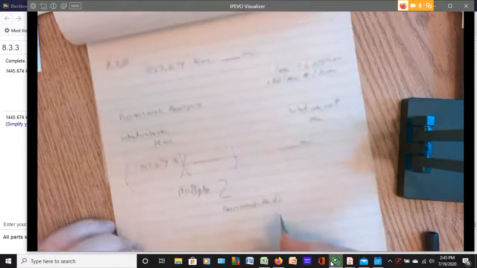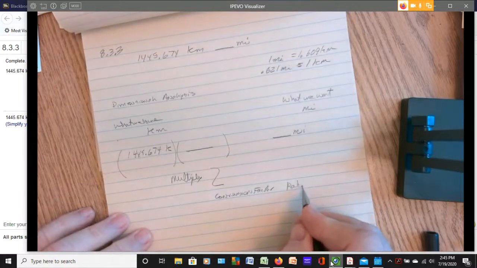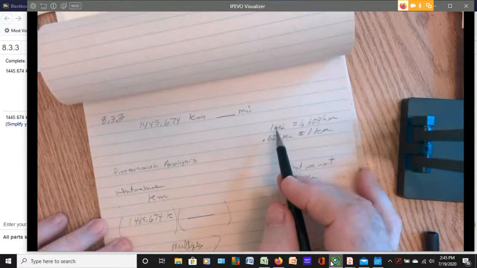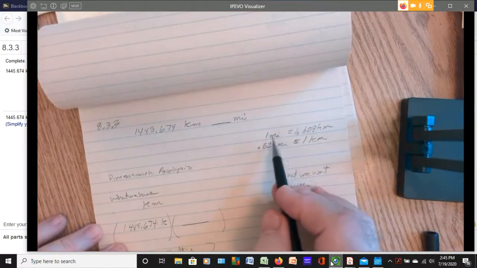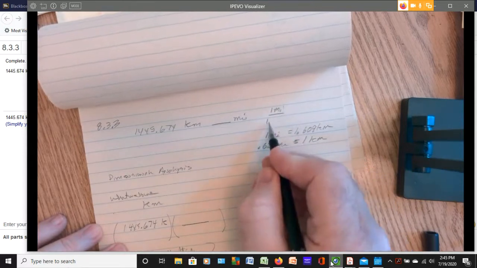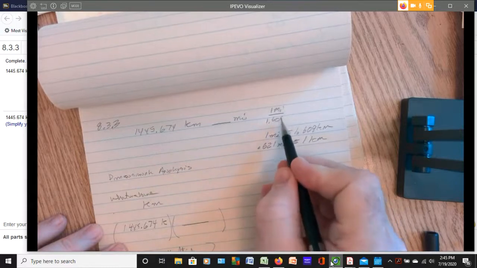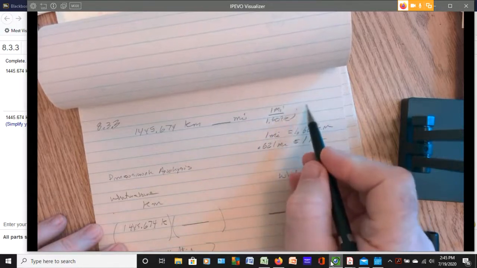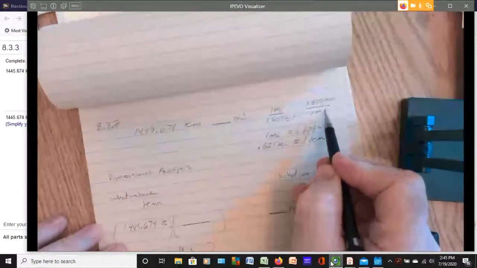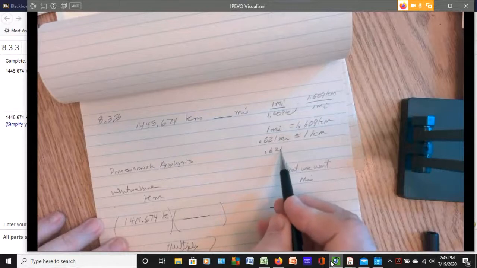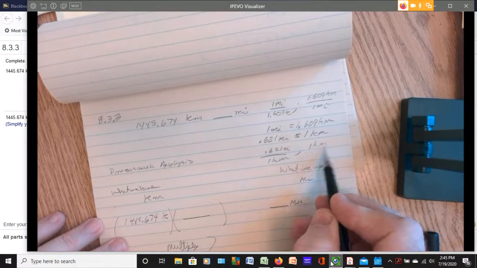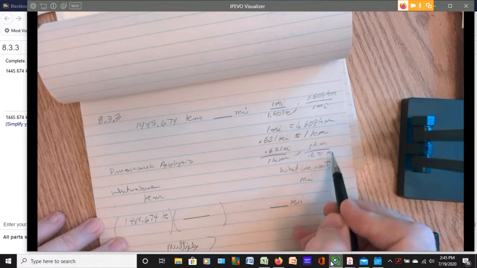And you'll notice that I'm going to write the conversion factor in ratio form. If I simply tell you that I can write this conversion factor either as 1 mile to 1.609 kilometers, or as 1.609 kilometers to 1 mile, or as 0.621 miles to 1 kilometer, or 1 kilometer to 0.621 miles.